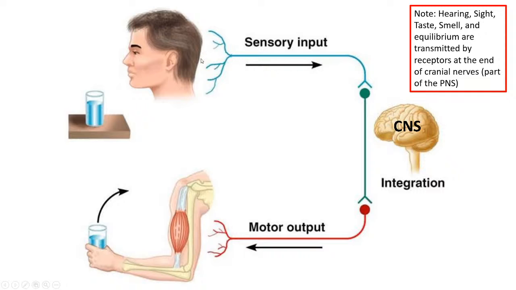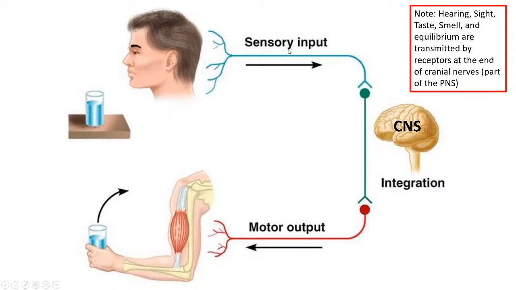So here you have a head and it sees water. Maybe the body is thirsty and it knows from past experience that drinking water alleviates thirst. All right, so that sensory information is carried through sensory neurons to the central nervous system. Now, of course, because this information is carried over cranial nerves, that's part of the peripheral nervous system.